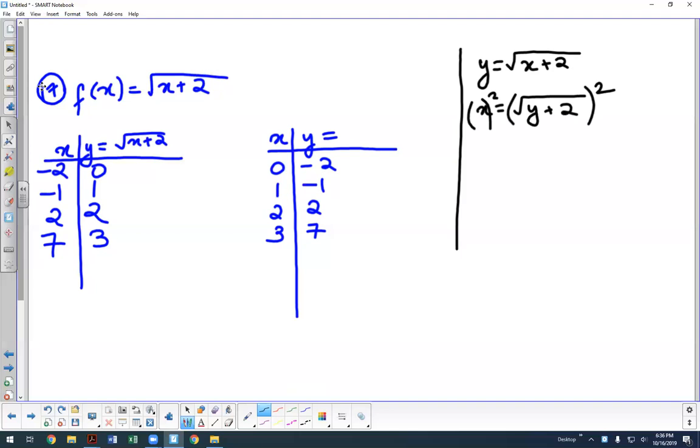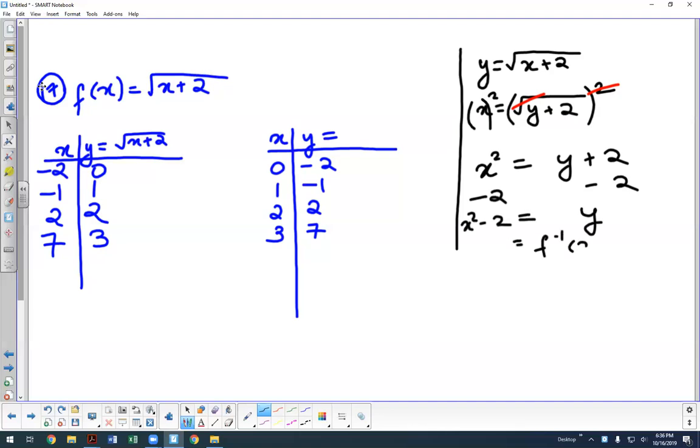So we'll square it. The square and square root will cancel each other out. And you're now left with x squared equals y plus 2, and then to get y by itself, yeah, subtract your 2, and that will give us y equals x squared minus 2, which is your inverse function, right? These guys cancel out.